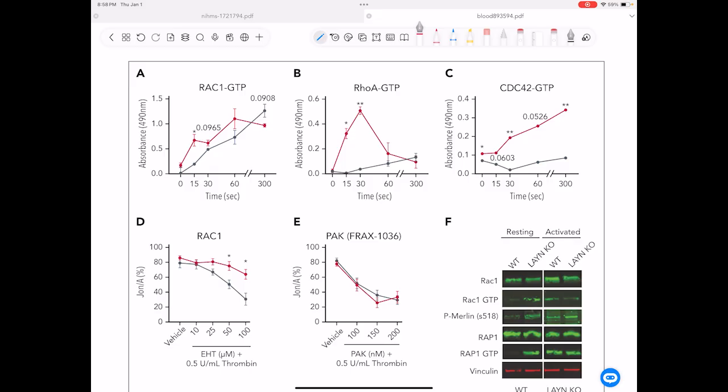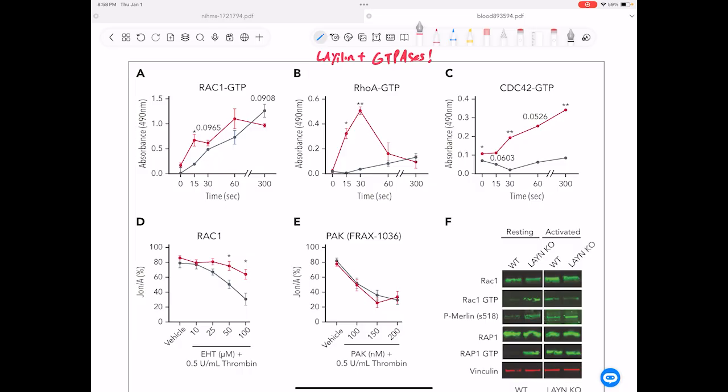So now we are looking at GTPases. These are the on and off switches, and Layilin again has been shown to be linked to GTPase activation.